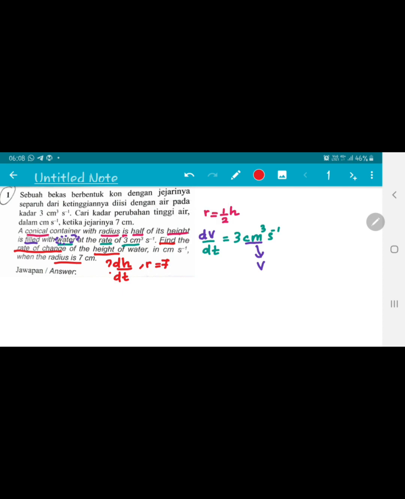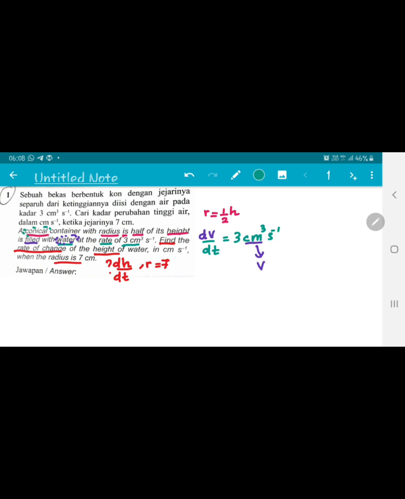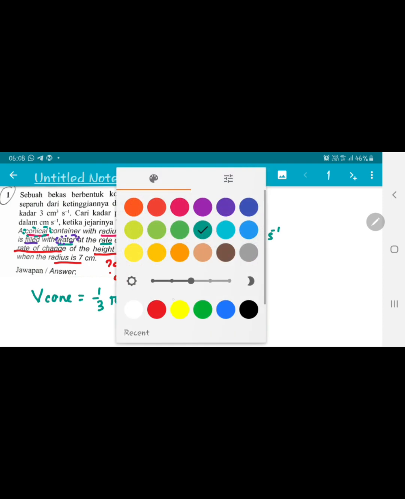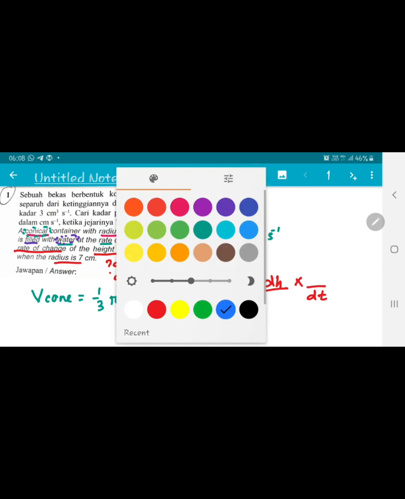As I said, we have a conical container, which is a cone. Since we have volume here, volume of cone, so take 1/3 pi r squared h. Your first step, you think, I want to find dH/dt. So the formula will be dH/dt, and then see what is given in the question.